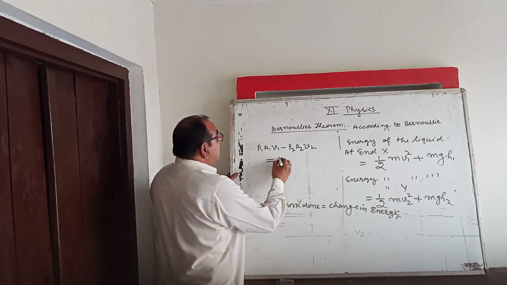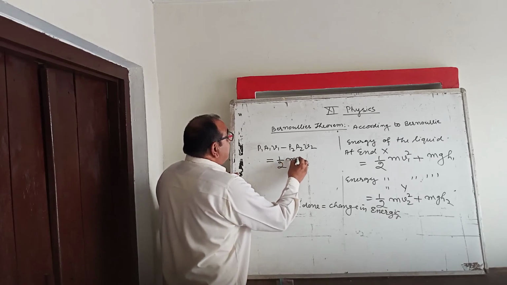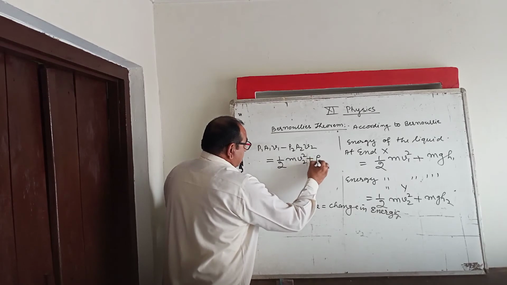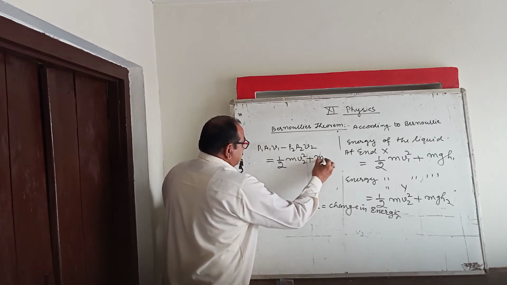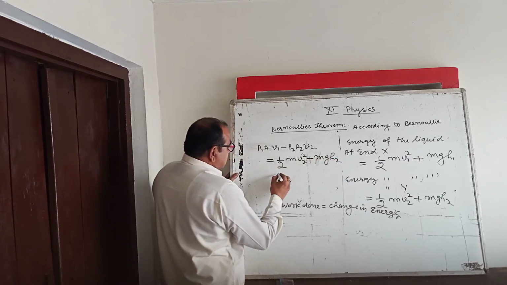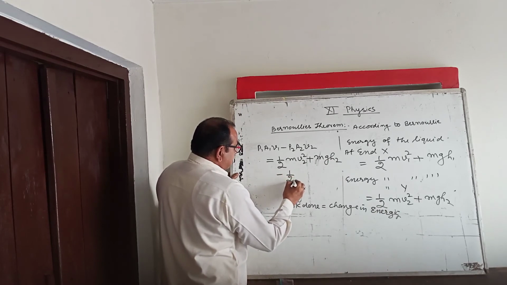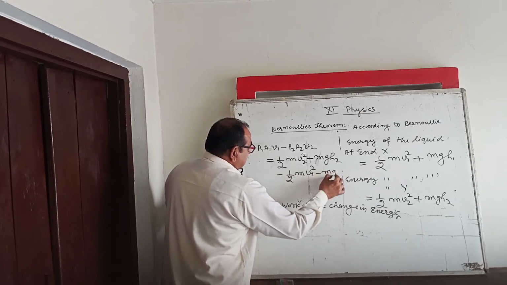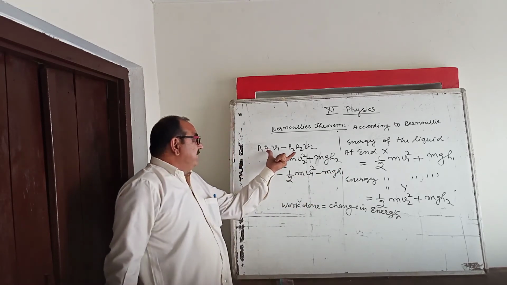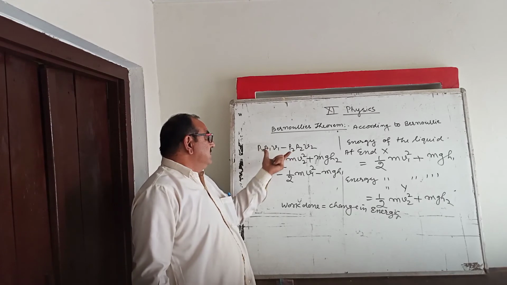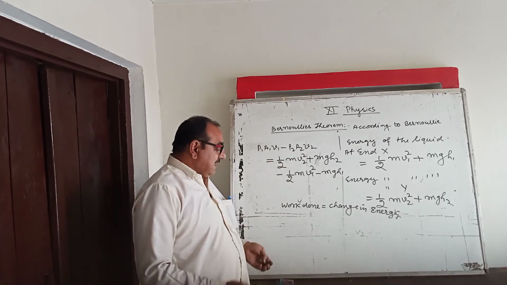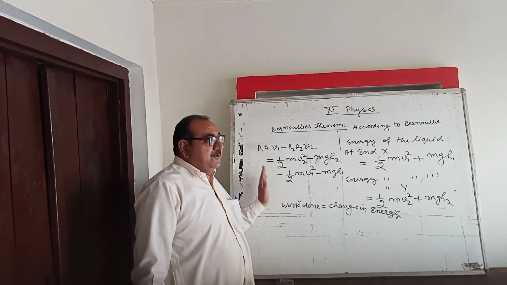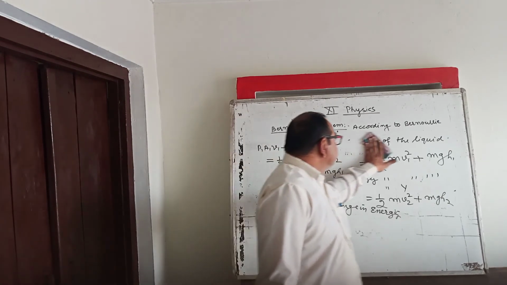Change in energy, I have told you, is half m v2 square plus m g h2 minus half m v1 square minus m g h1. This was the net work done on the liquid, and this is the change in energy. By the conservation of energy, the work done should be equal to the change in energy.